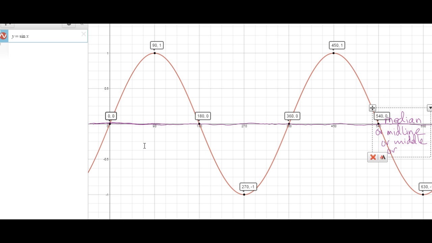Okay, so that's an important part of this sinusoidal function, right? It has a median, a middle, or a midline. A sinusoidal function has an amplitude. Who's heard amplitude before? Anybody who's done physics has. What's the amplitude? Where is it?